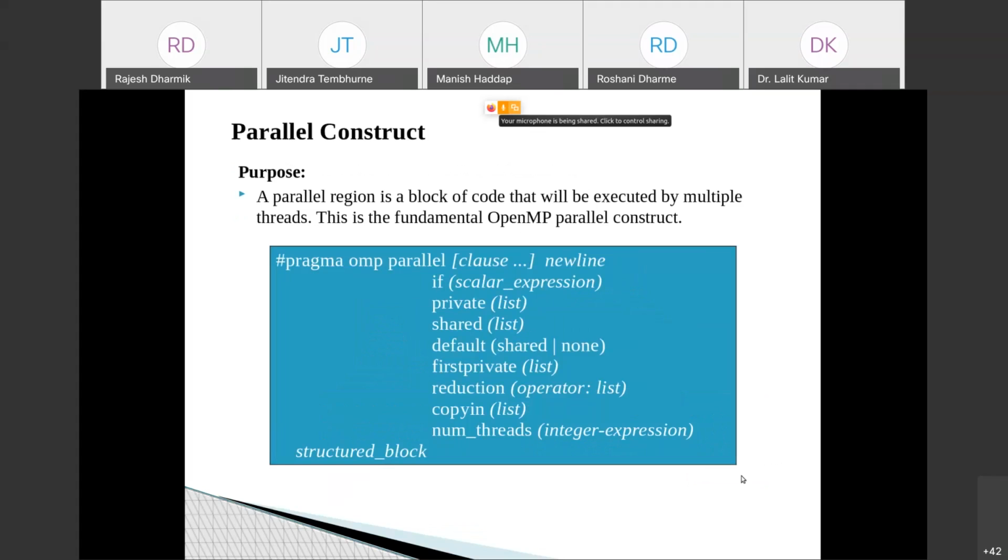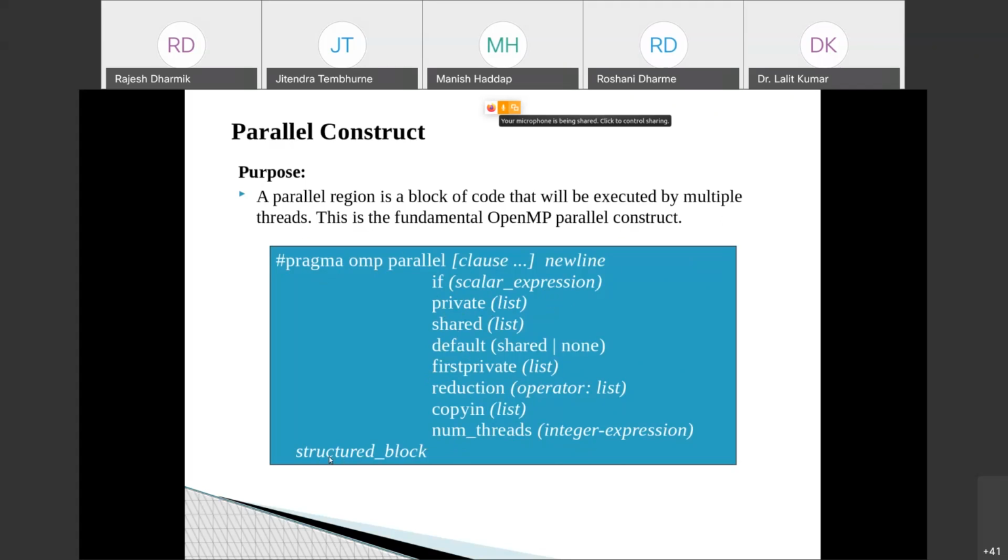Now this is the structure of the parallel construct. What is the purpose of this construct? A parallel region is a block of code that will be executed by multiple threads, and that is the fundamental OpenMP parallel construct. We write pragma omp parallel and then you can specify all the clauses here: the if clause, private, shared, default, firstprivate, reduction, copyin, num_threads.